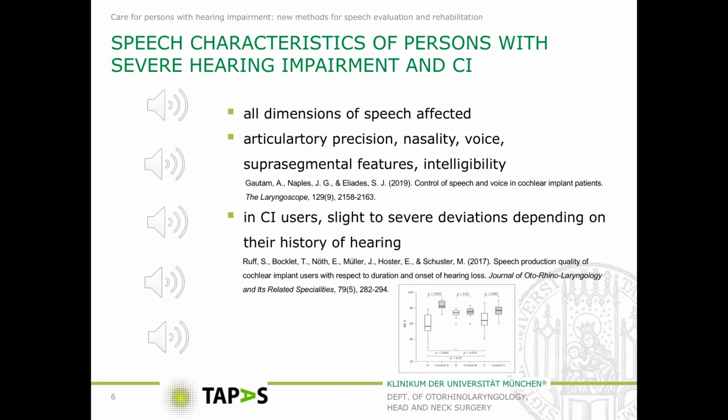In former times, we waited a long time until children who were deaf or had hearing loss were provided with a cochlear implant. So all these children who are now adults had their cochlear implant rather late, and therefore they had a huge delay in speech development because they hadn't heard it before.